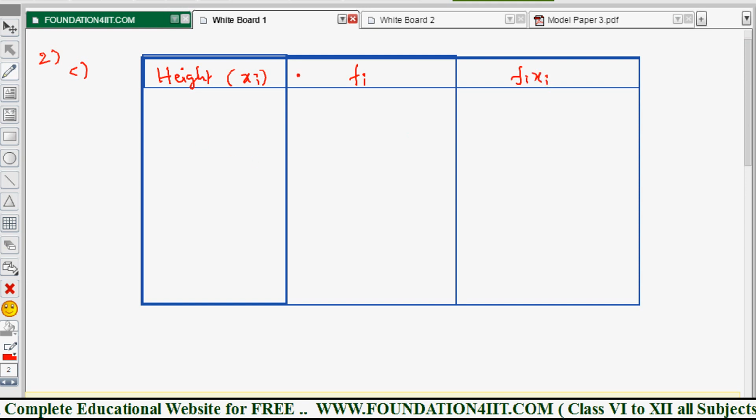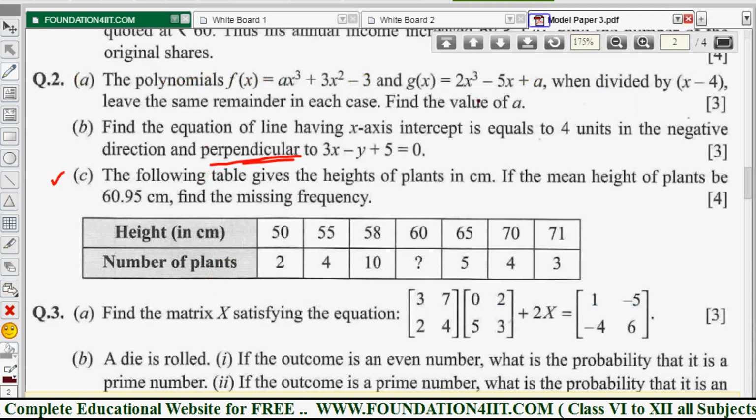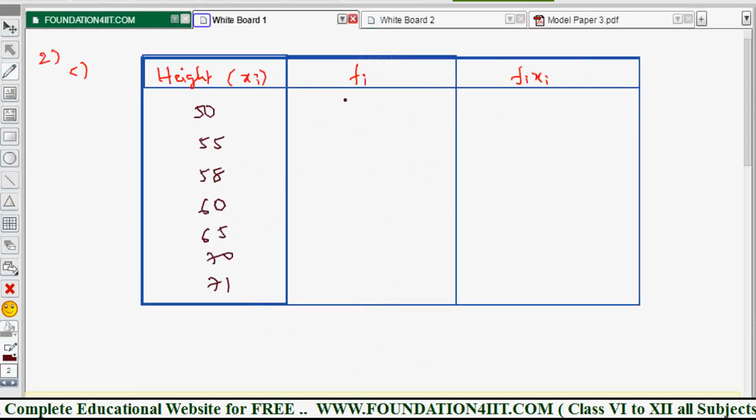We should multiply. Heights in centimeters, that is given: 50, 55, 58, and I am writing the question as 60, 65, 70, 71. And the number of plants, this is the frequency: 2, 4, 10, then f, 5, 4, 3. The missing one I am taking as f.